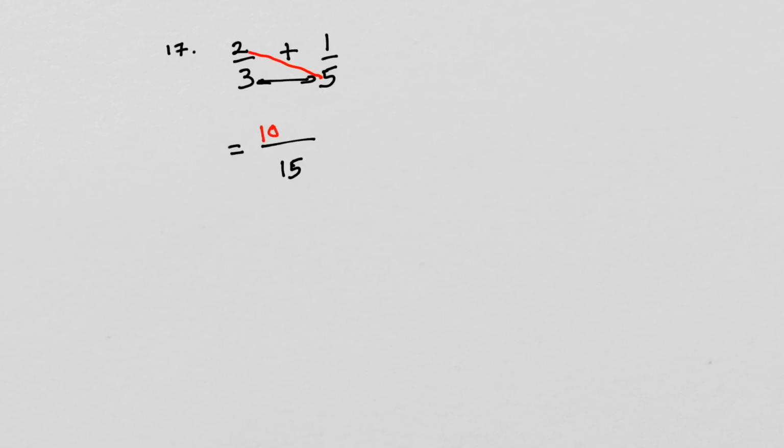This will give us 10. We will then multiply the 3 and 1 to get 3. We add the 10 plus 3 to get 13/15. You can check out our free fraction videos if you want to master fractions. Let's look at the next question.